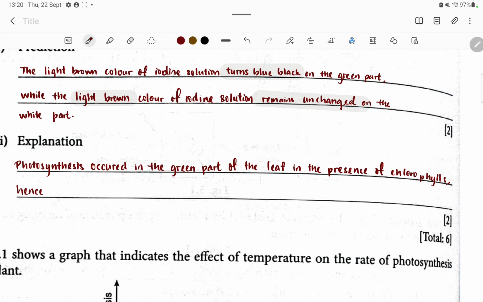Hence, starch is produced and turns the iodine solution into blue-black.